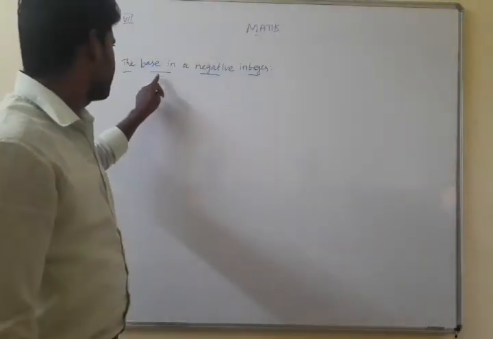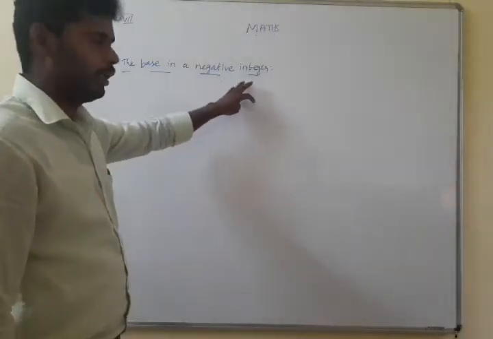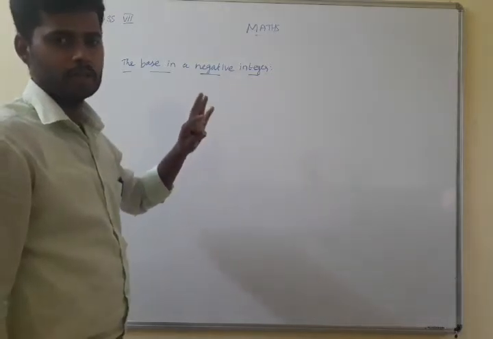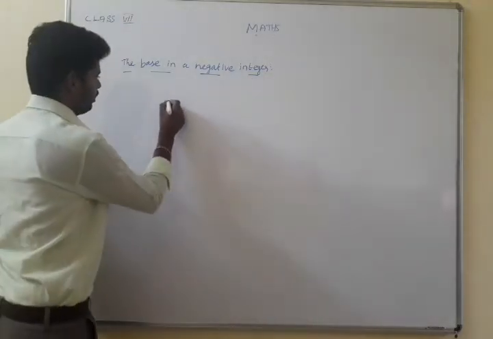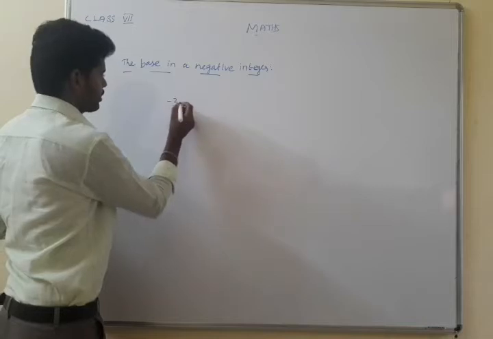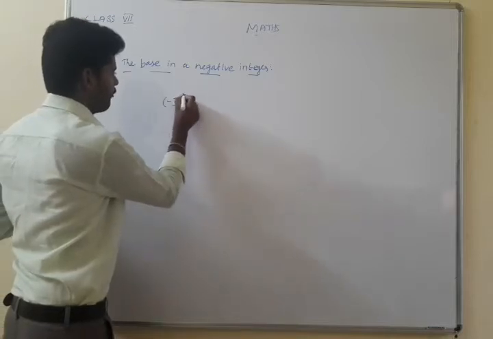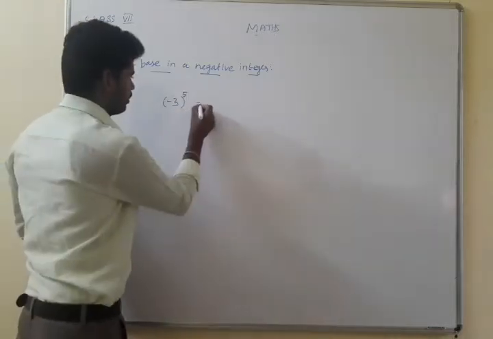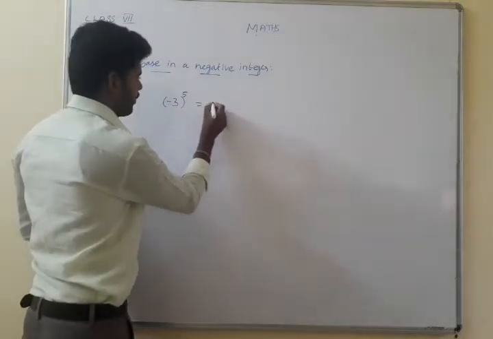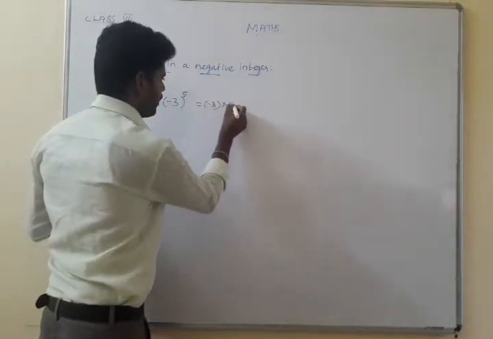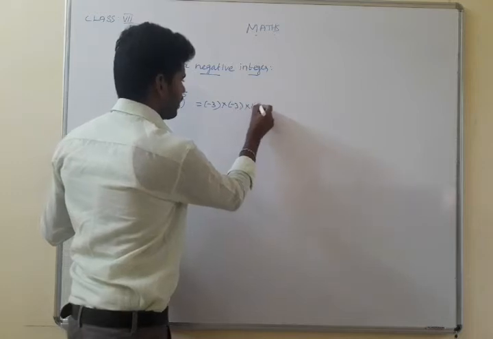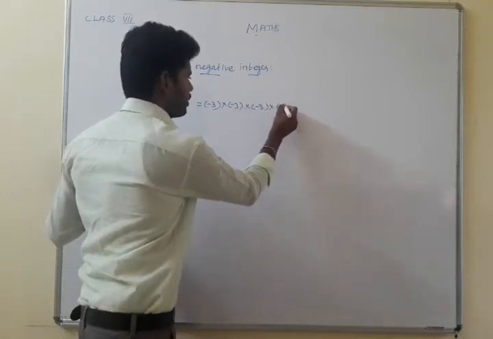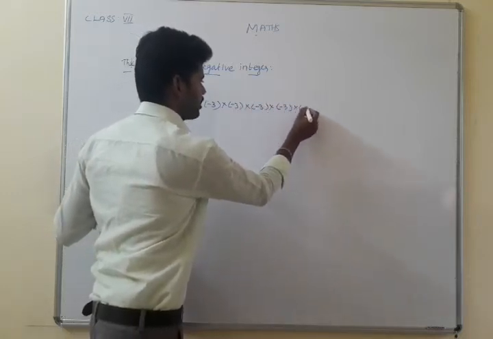Next, the base is a negative integer. Here positive and negative both come in. Minus 3 power 5: how to write this? Minus 3 into minus 3 into minus 3 into minus 3 into minus 3.